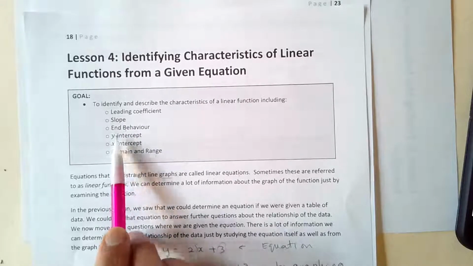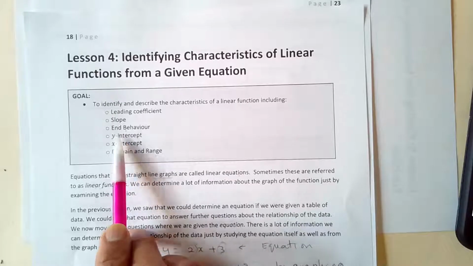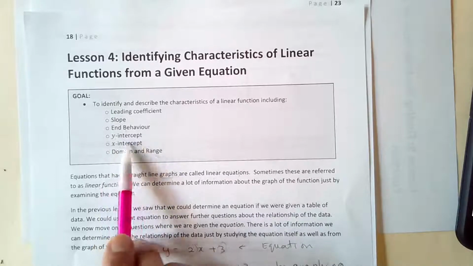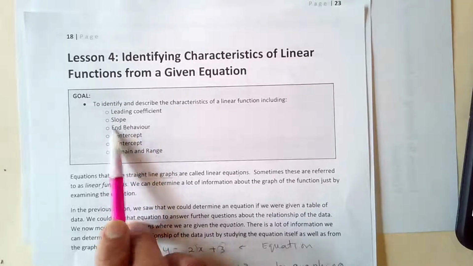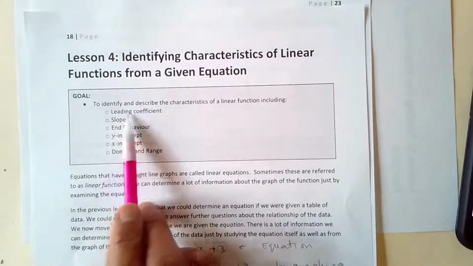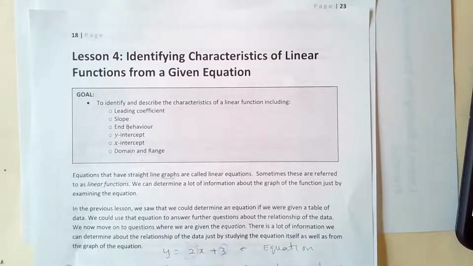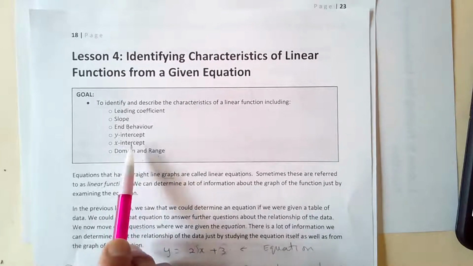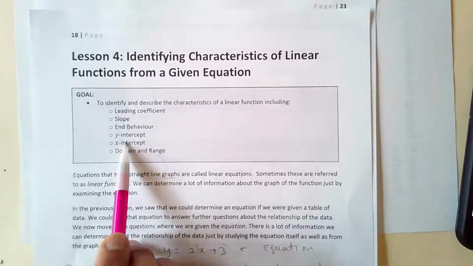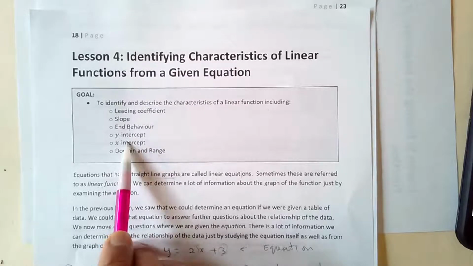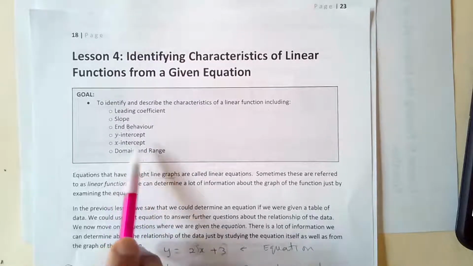We looked at the x-intercept, y-intercept. We know the slope, the leading coefficient. The next lesson, lesson 5, will be focusing a lot on the x and y-intercept and domain and range. So these are the 3.